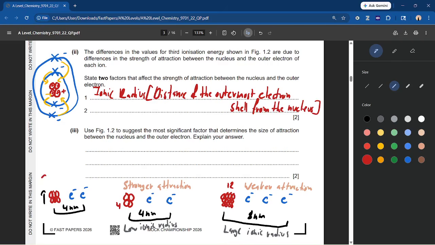This will have the strongest attraction, because it has 6 protons compared to 4 over here. So even though the ionic radius is the same, the number of protons also affects the strength of attraction. So we're going to write over here the nuclear charge.